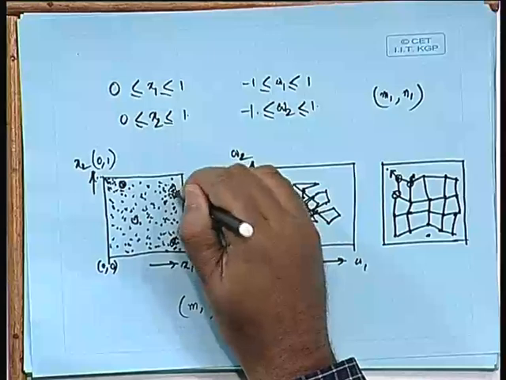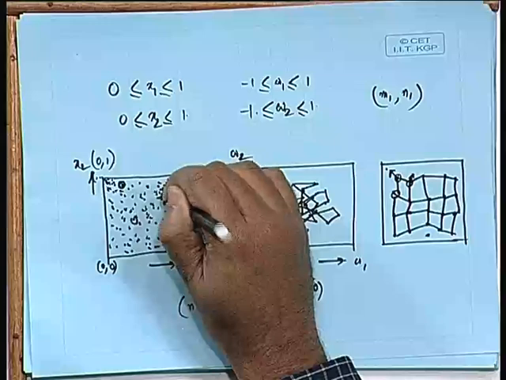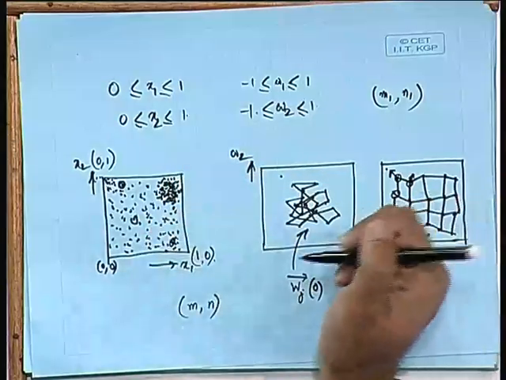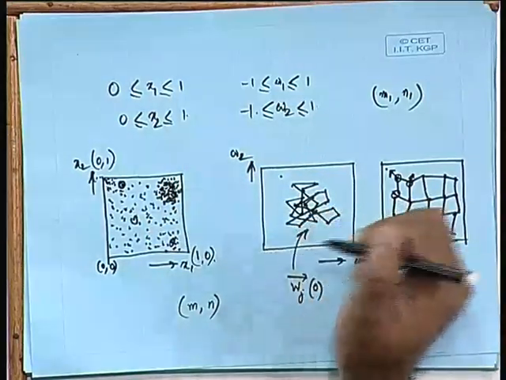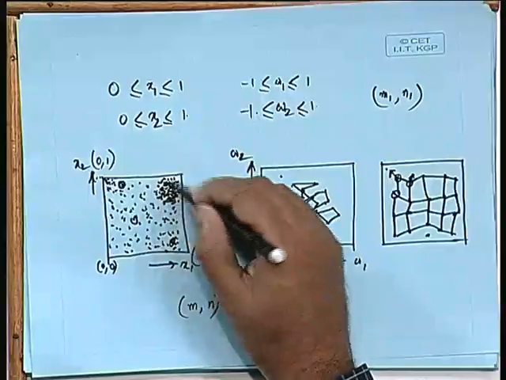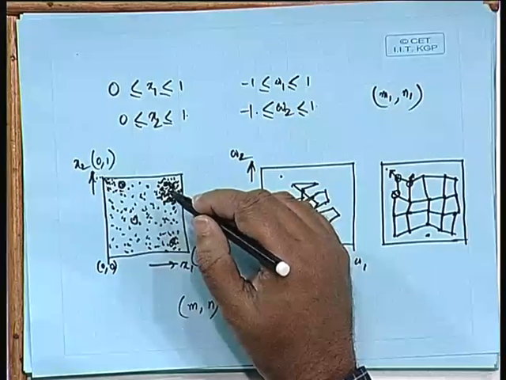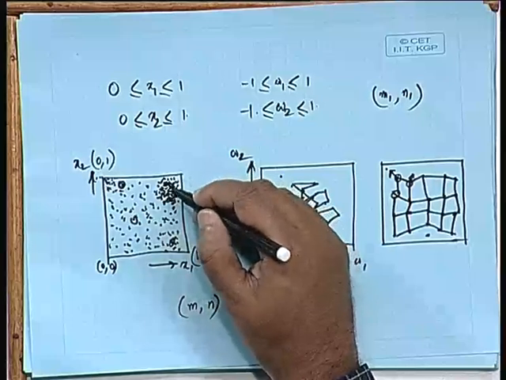Perhaps what might happen is that supposing I get more concentration of vectors over here, and I get less concentration of vectors over here. So, what can you expect out of the topological mapping? It will shift towards that, and not only that, because there are a large number of inputs over here, it will try to pull in more neurons. So, there will be more winning neurons there. So, more of the neurons will try to accumulate there.